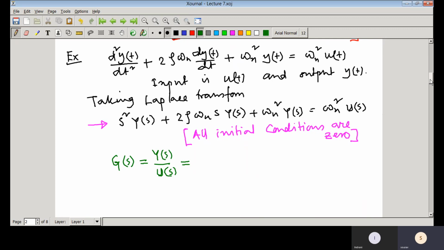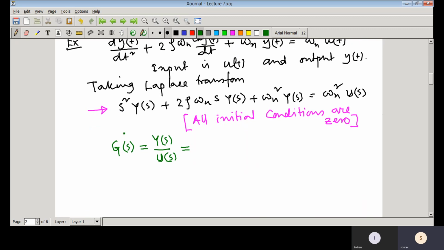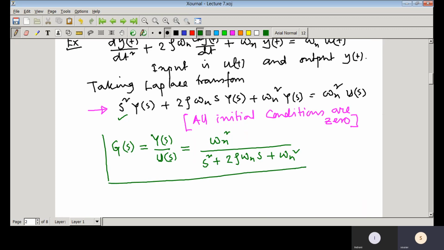If you take common from here, Y(s) by U(s) becomes omega n square divided by s square plus twice zeta omega n s plus omega n square. So this is a standard second order system.